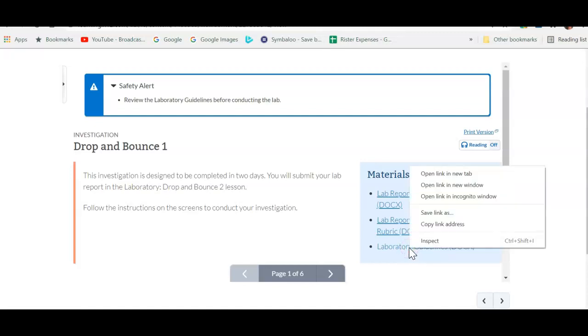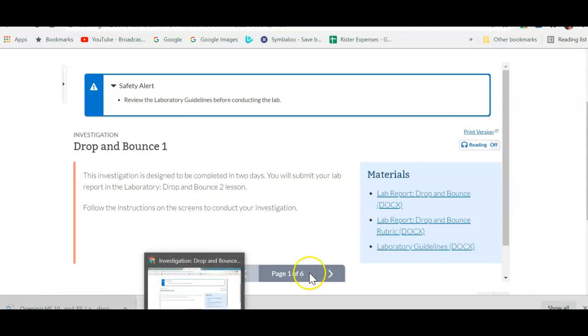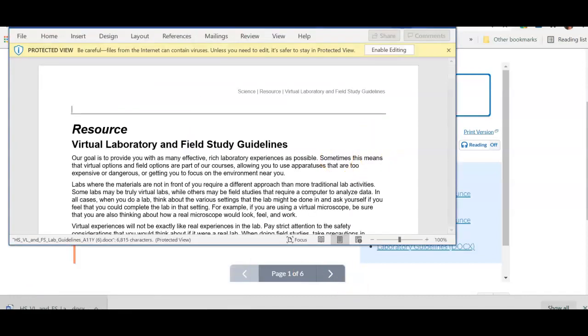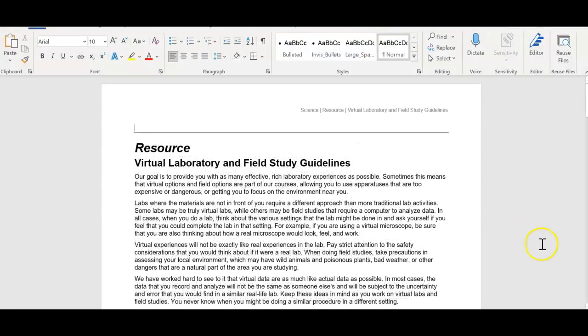And I've had many students not open this, or they opened it and they looked through the first few things and thought, you know, I don't really need to know this information. So we're going to take a look at it together really quickly because you do need this information.